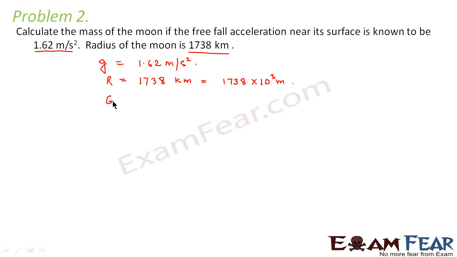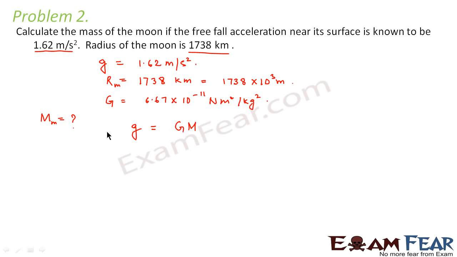And we also know that capital G is equal to 6.67 x 10^-11 Newton meter square per kg square. Right? So we have to calculate the mass of the moon. This is radius of the moon and we have to calculate the mass of the moon. Now we know that the expression for acceleration due to gravity is GMe.